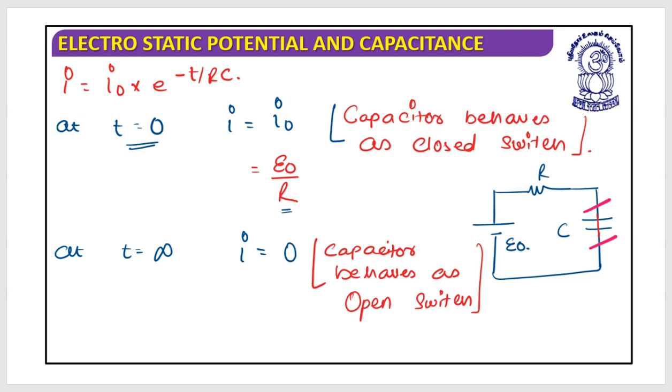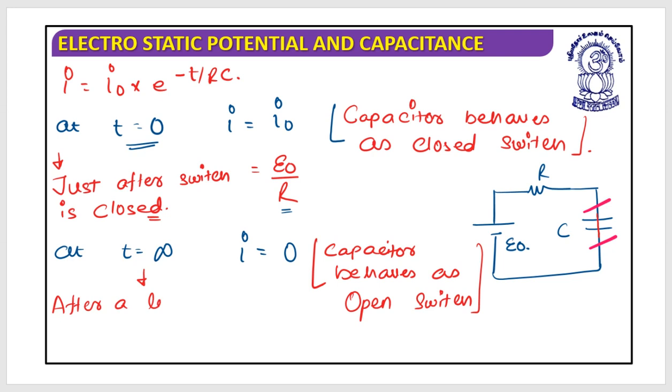When we say t = 0, sometimes they say just after the switch is closed. When they say at t = 0, that means just after the switch is closed. And when they want to say at t = infinity, they say after a long time.